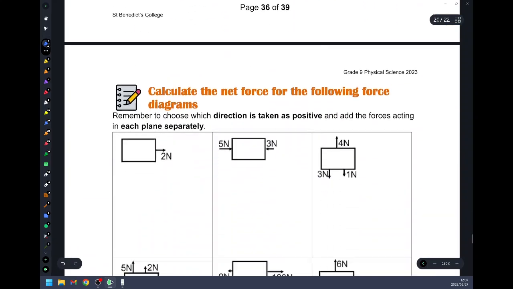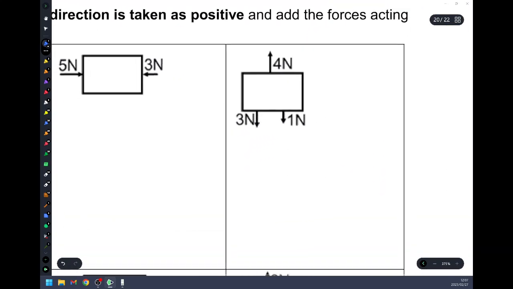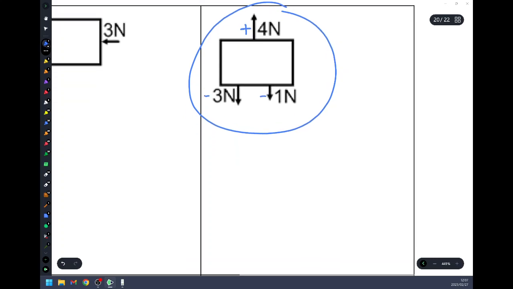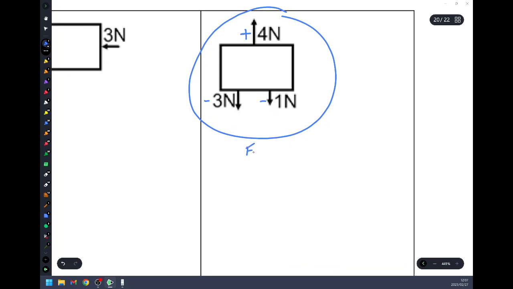Okay, let's look at some examples here. I'll just do one or two. So let's take this one now. So we've got 4 newtons acting upwards, and a 3 newtons and a 1 newton both acting down. So we assign our signs. So positive 4 up, negative 3 down, negative 1 newton down. So we're going to write it out as F net is equal to force 1 plus force 2 plus force 3.